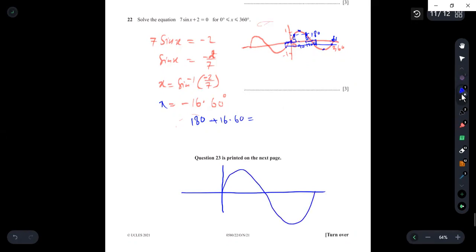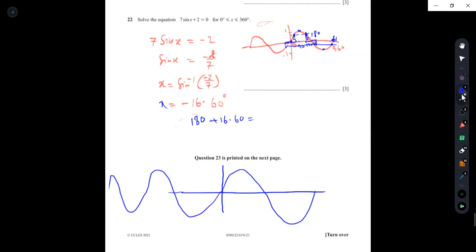This is one cycle, and it continues to the other side. It will be going like this up to infinity. So we got negative x, negative 16.6. Negative 16.6 is somewhere here. So as I told, due to the symmetry, whatever the y value here is, negative 2 over 7, that is the y value.